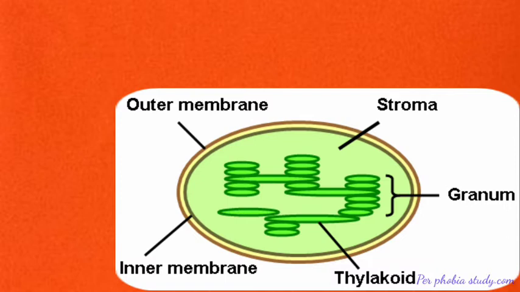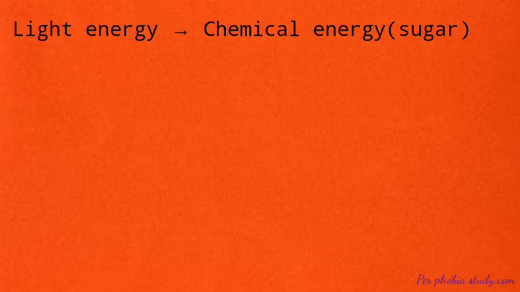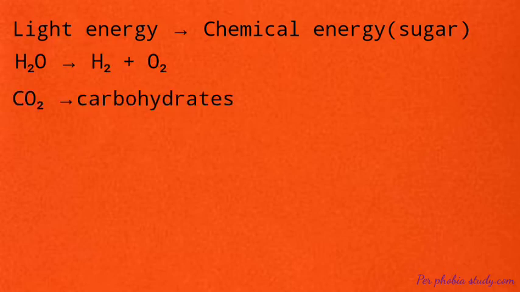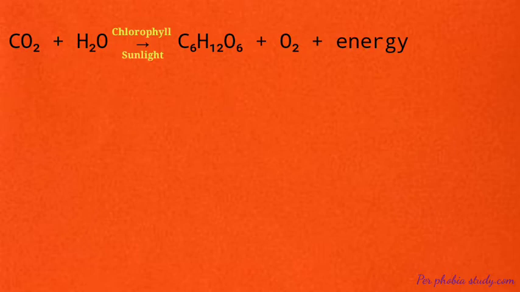This chemical reaction converts the light energy into chemical energy, and this chemical energy is nothing but sugar or maltose. Also, water is split into hydrogen and oxygen, and the carbon dioxide is converted into carbohydrates. By this reaction, glucose, energy, and oxygen are released as byproducts.